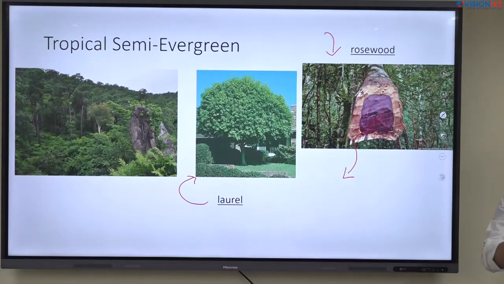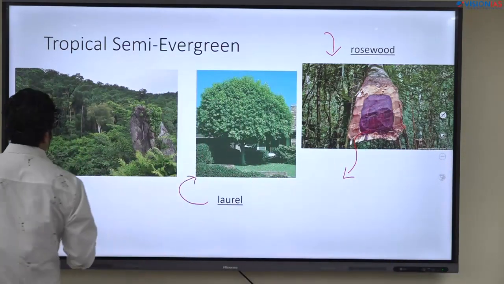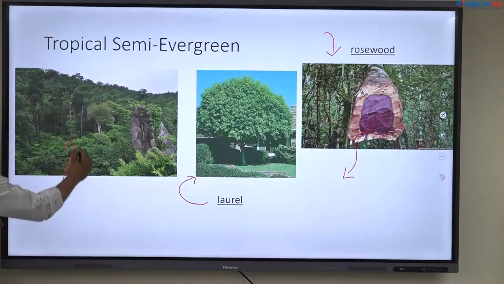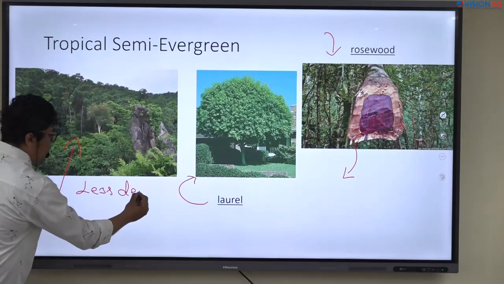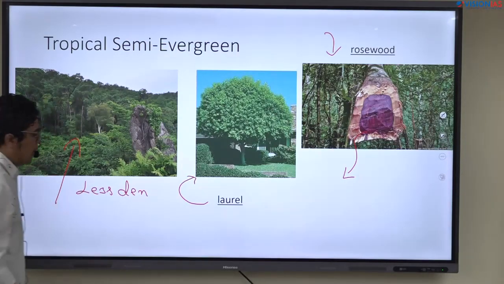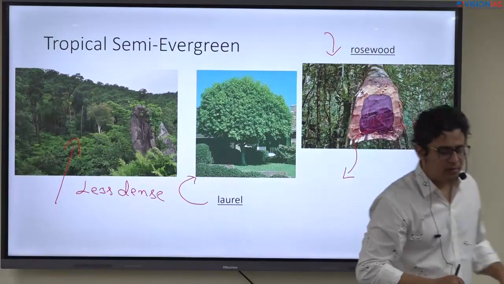Even India exports rosewood products to foreign countries. Especially in European countries, the demand for Indian rosewood products is very high. So rosewood and laurel are some of the species that you see in this forest. Overall the density of this forest is very good, but it is less dense as compared to the first category.